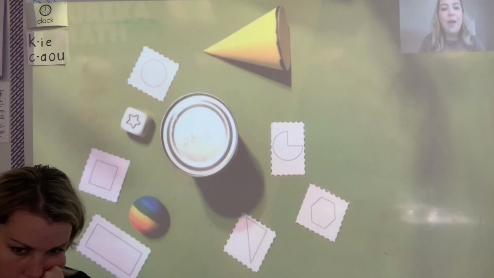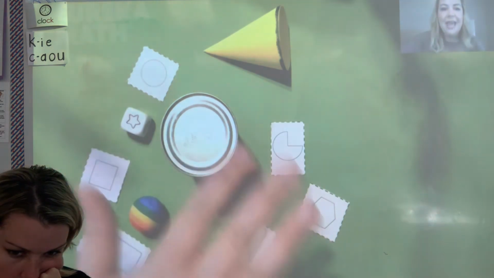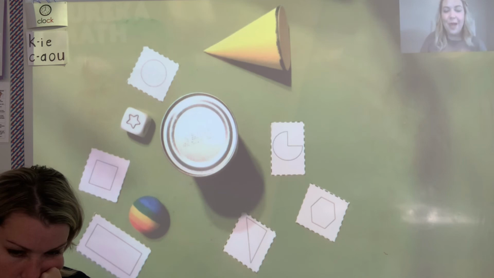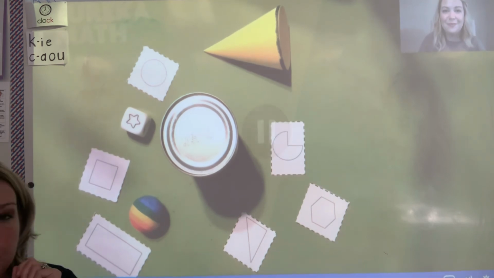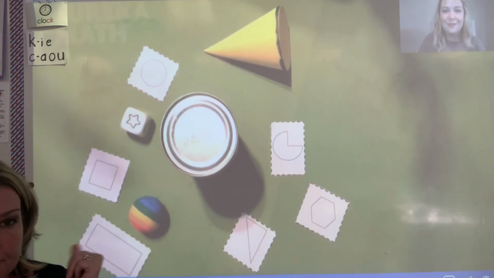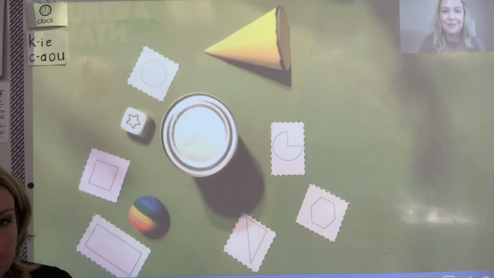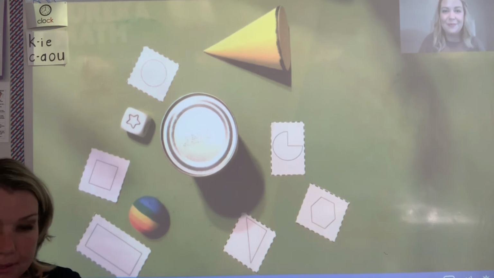I want you to go ahead and take all of your flat shapes and all of your solid shapes and just lay them out right in front of you. Go ahead and pause if you need to. Get all of your shapes laid out. You'll have your book open in front of you, and beside that page, you can put your solid shapes.